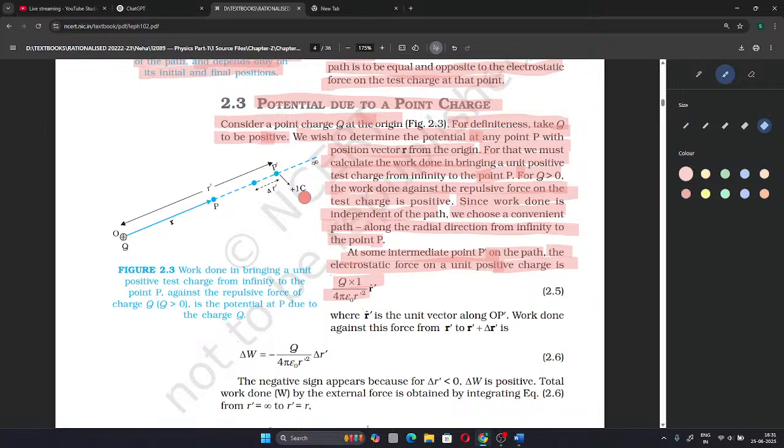It is some intermediate distance, which is not at infinity but at some point between P and infinity. We took it as P'.